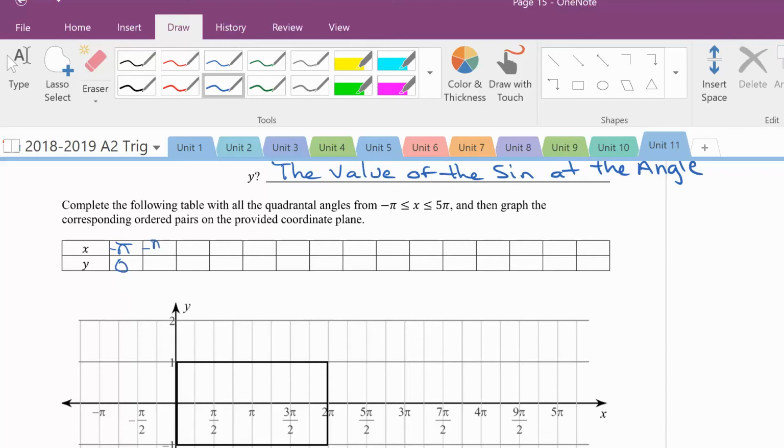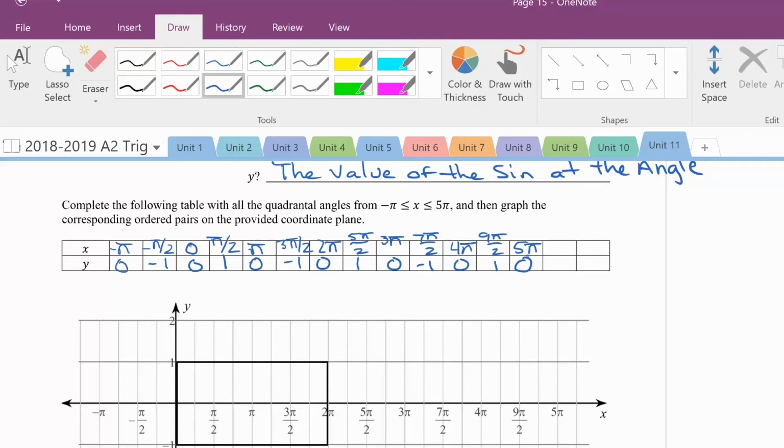Then negative pi over 2 is negative 1, 0 is 0, positive pi over 2 is 1, pi is 0, 3 pi over 2 is negative 1, 2 pi is 0, 5 pi over 2 is 1, 3 pi is 0, 7 pi over 2 is negative 1, 8 pi over 2, which is 4 pi, is 0, 9 pi over 2 is 1, 10 pi over 2, which is 5 pi, is 0.